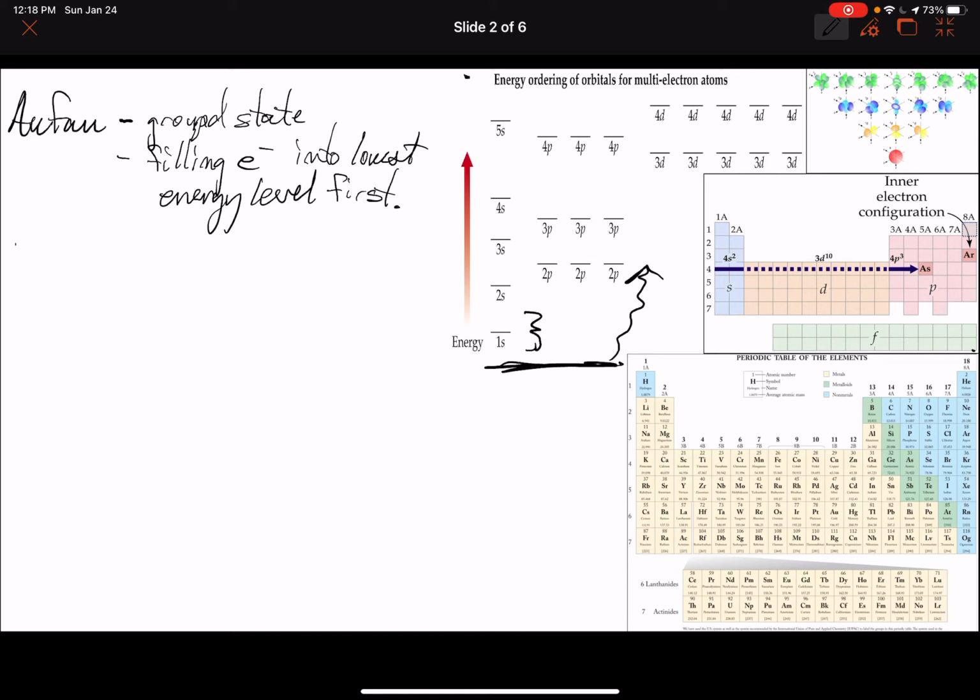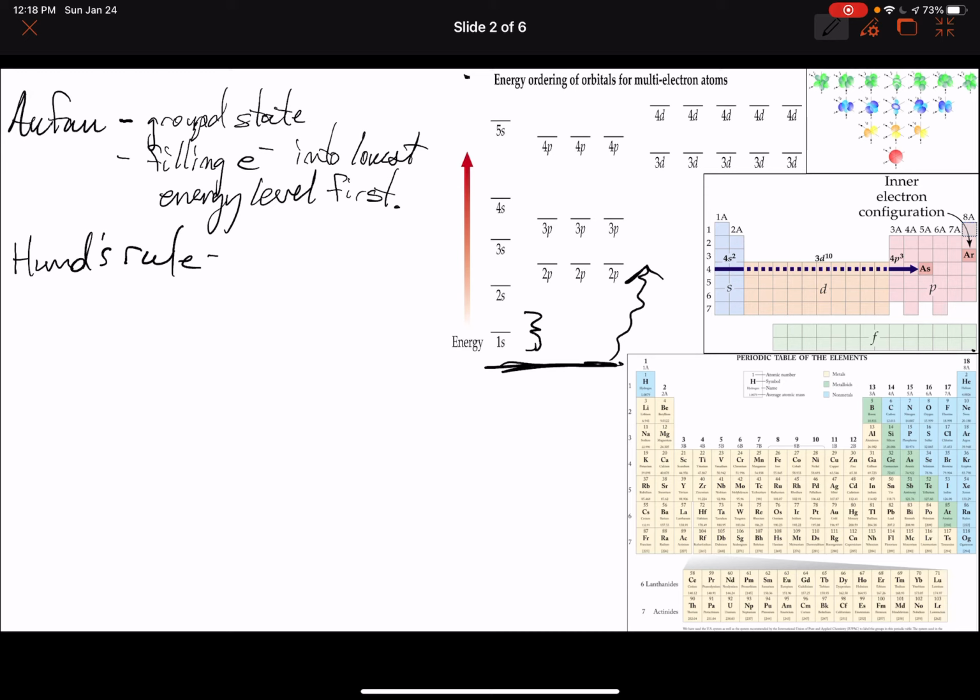To help us, we also have Hund's rule. And Hund's rule says that the maximum number of unpaired electrons, that we should be maximizing the number of unpaired electrons within an orbital option.